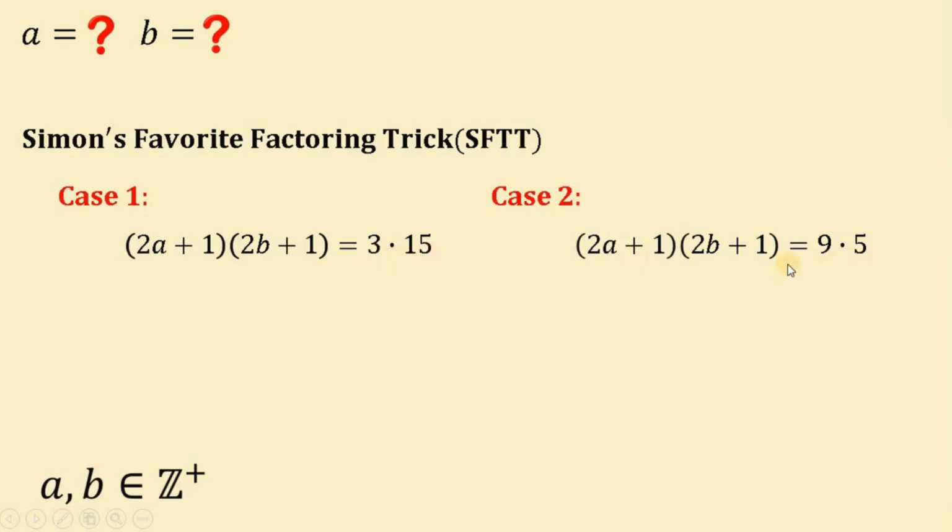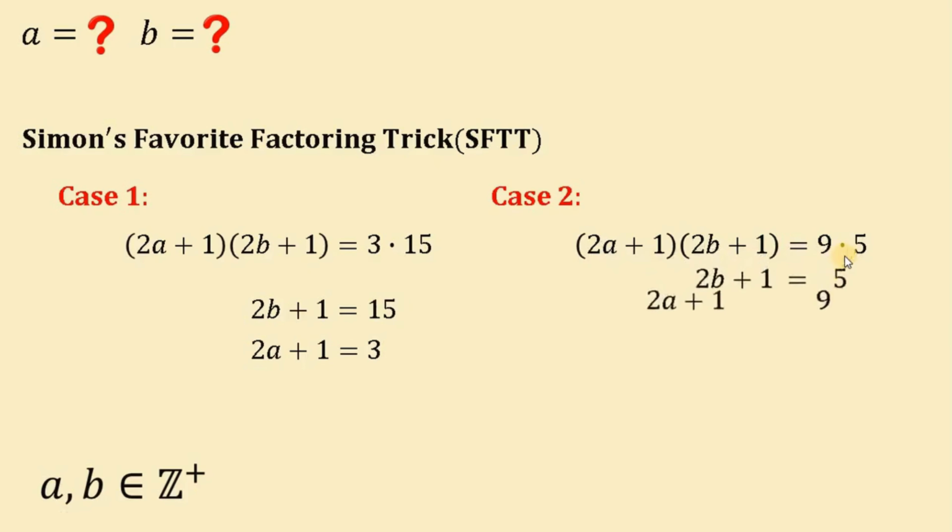We will do that later on. So let's have first case number 1. So 2a plus 1 must be equal to 3, and 2b plus 1 must be equal to 15. Now, case number 2: 2a plus 1 must be equal to 9, and 2b plus 1 must be equal to 5.